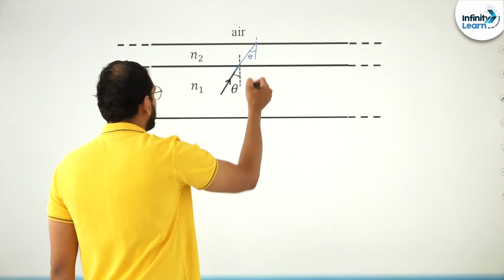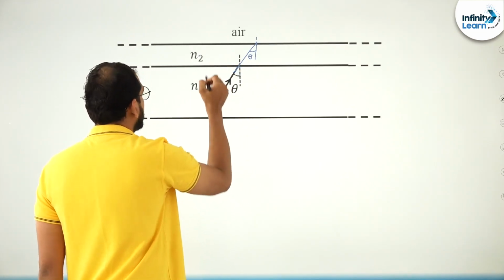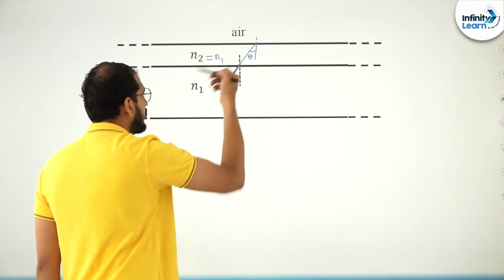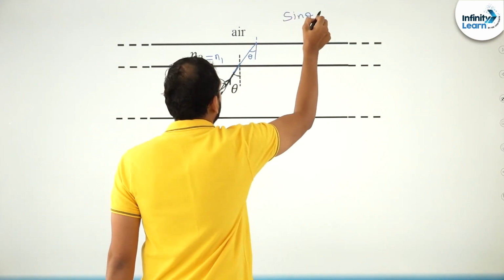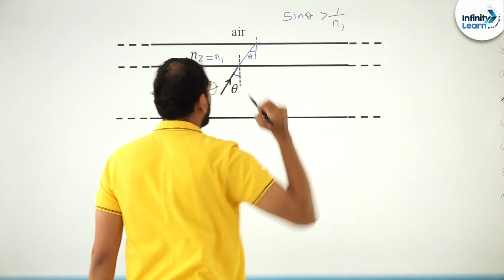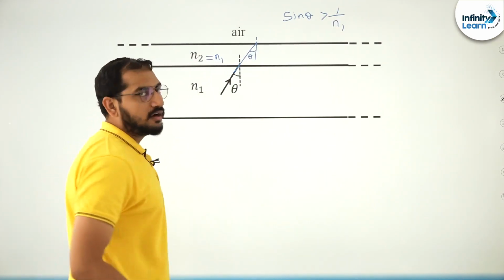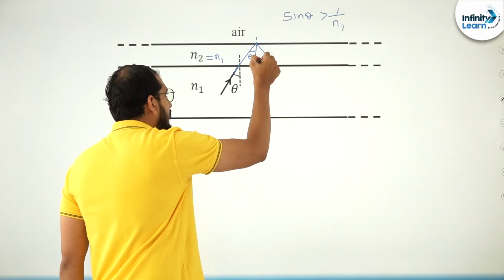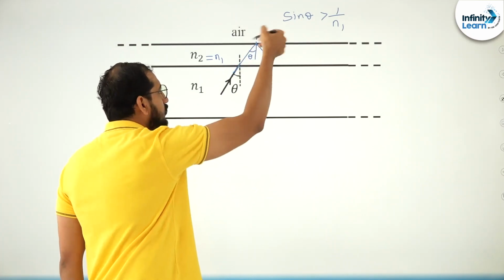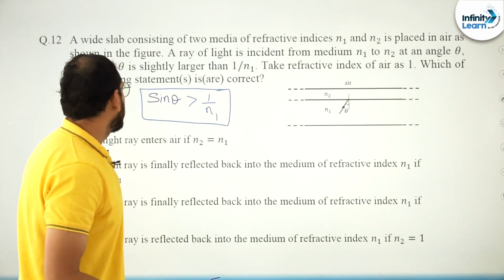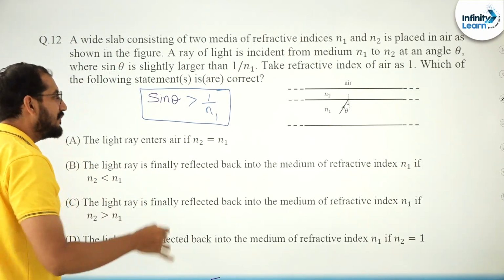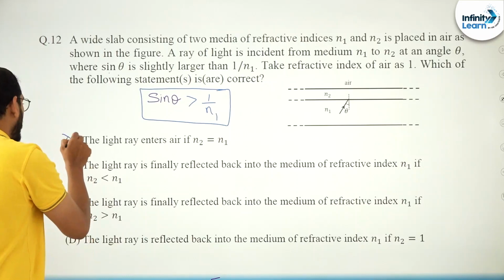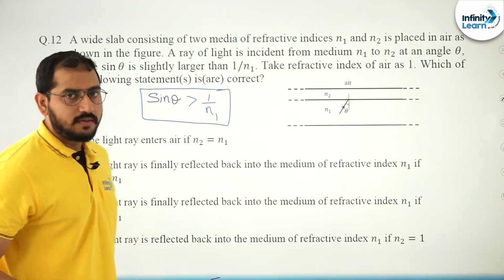Since n1 and n2 are both equal, I can say that n2 is also equal to n1, and it is given in our question that sine theta is slightly larger than 1 by n1, so TIR is going to occur over here. The ray will not be able to go into the air. So if I look at option A, the light ray enters into air. No, why? Because TIR is going to happen. So option A will not be my answer.